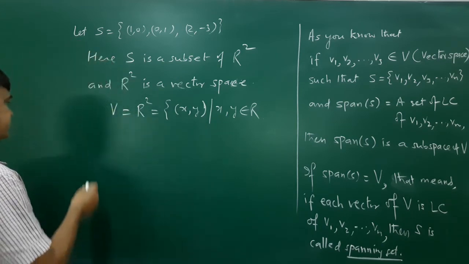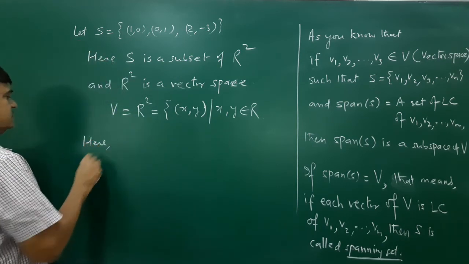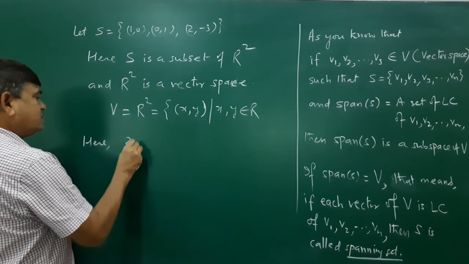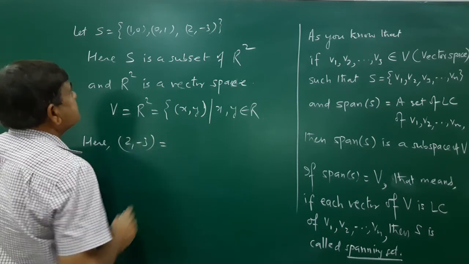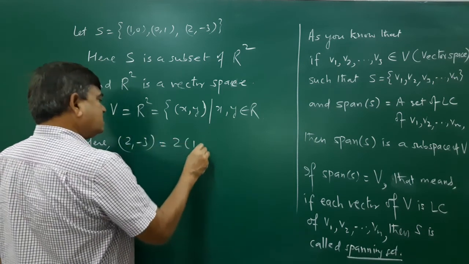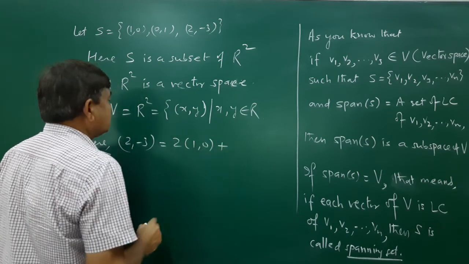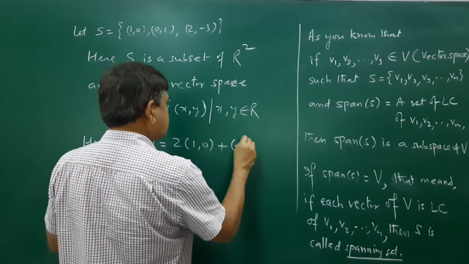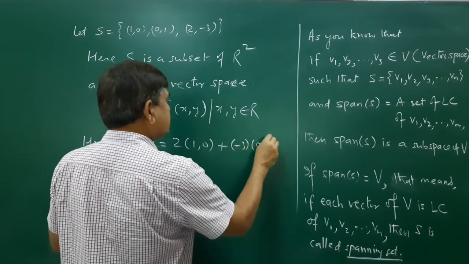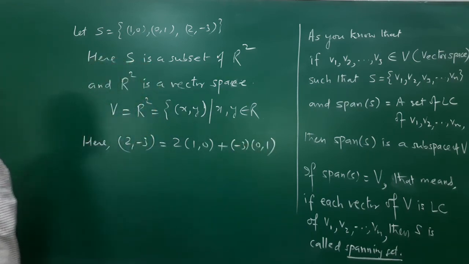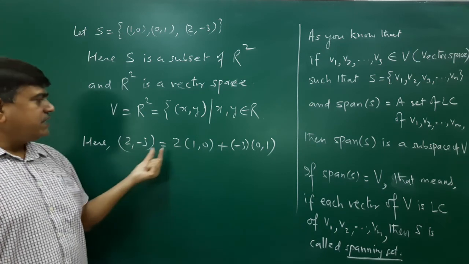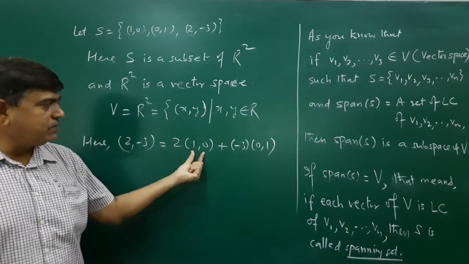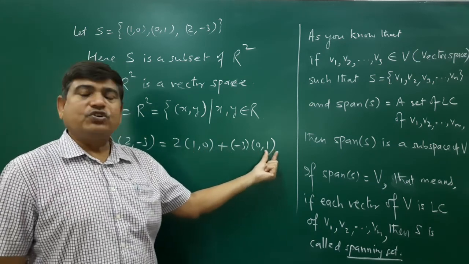Here you see, (2,-3) is 2 times (1,0) and minus 3 times (0,1).